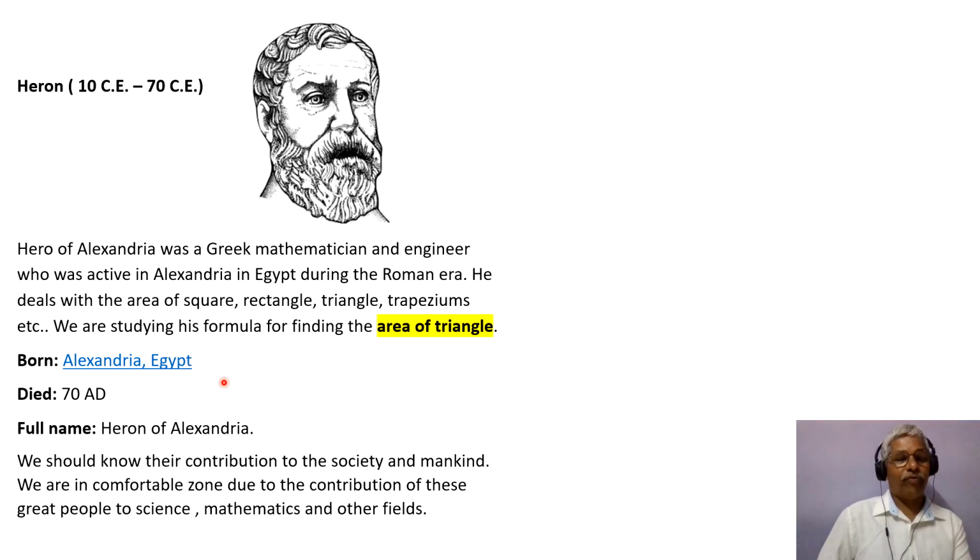Now, a brief note on this great mathematician: born in Alexandria, Egypt, died 70 AD. Full name Heron of Alexandria. We should know their contribution to society and mankind. We are in a comfortable zone due to the contribution of these great people to science, mathematics, and other fields.